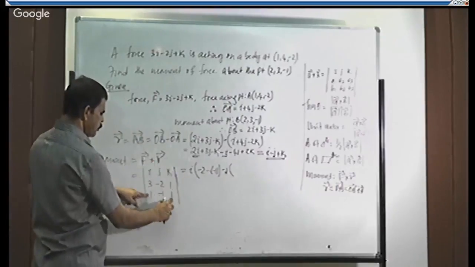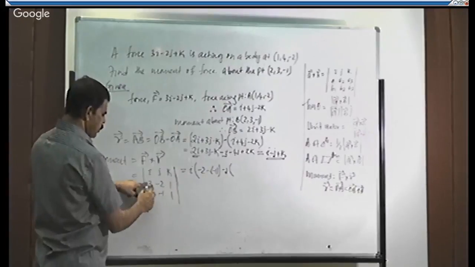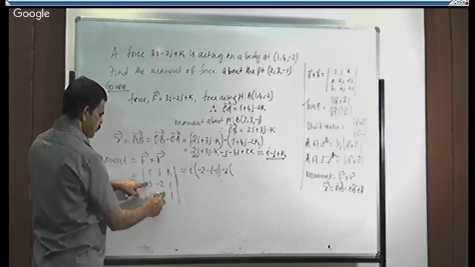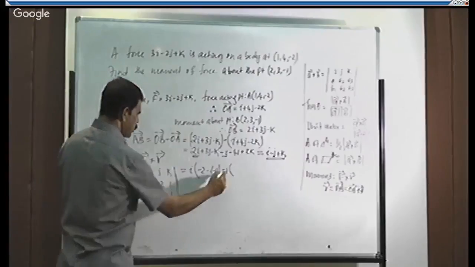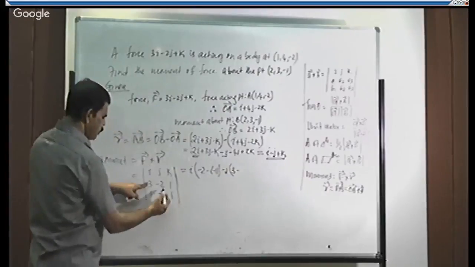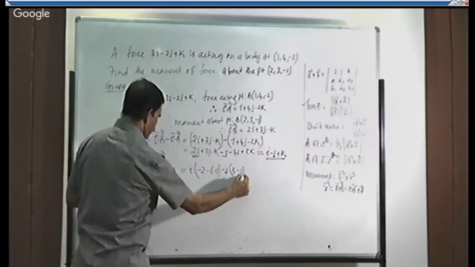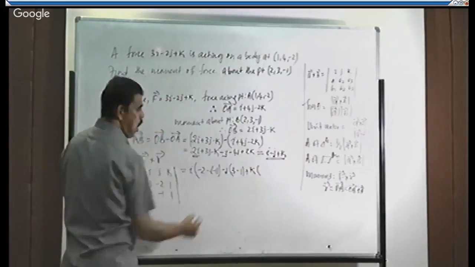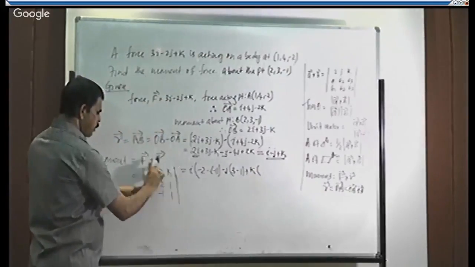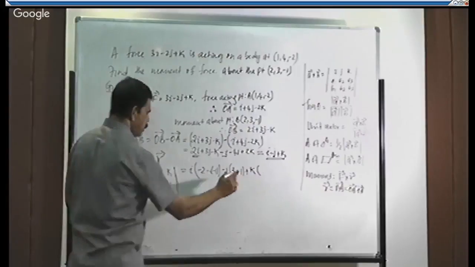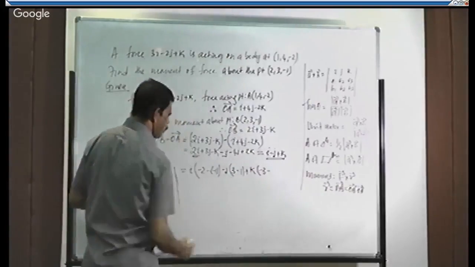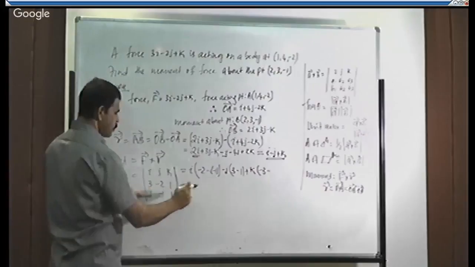The other elements are 3, 1, 1, 1. Therefore, the expansion is 3 into 1, 3, minus 1 into 1 is 1. Plus k into: leave this column and row. 3 into minus 1 is minus 3, minus 2 into minus 1 is minus 2.